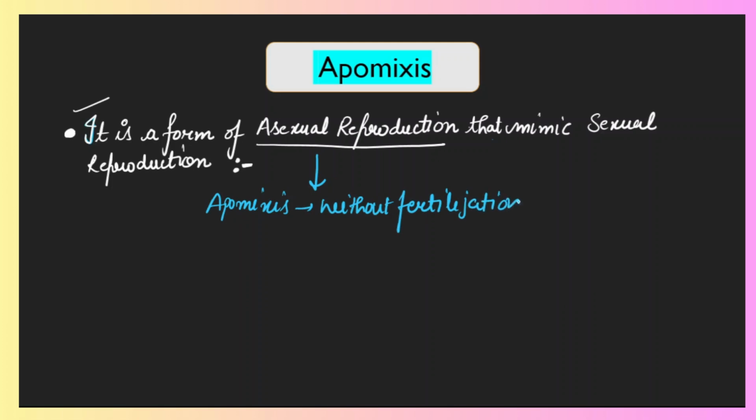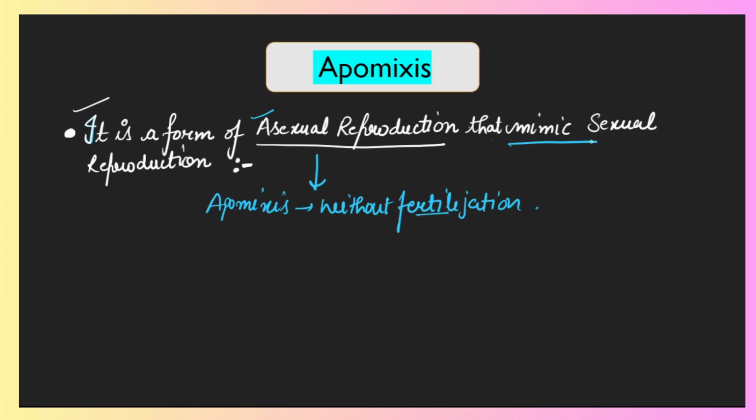As we see in asexual reproduction, fertilization does not take place. So in apomixis also fertilization does not take place. That's why it is a form of asexual reproduction.